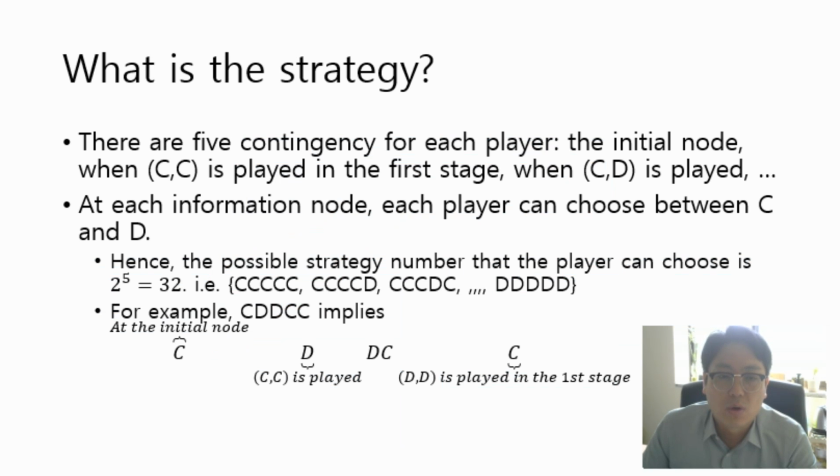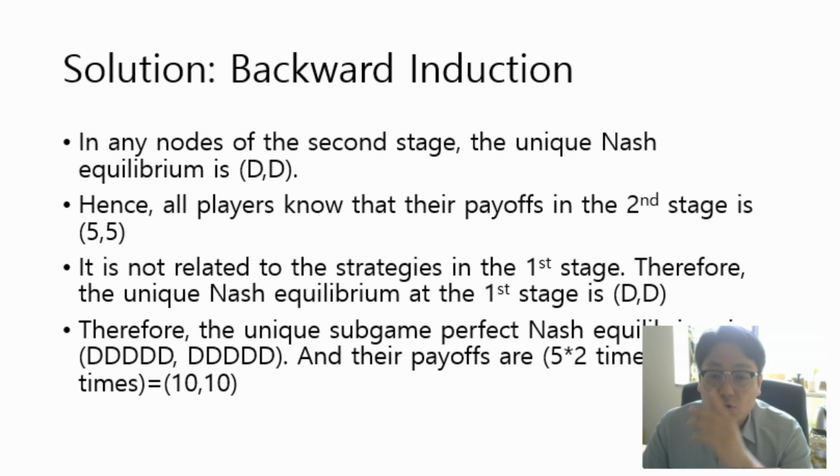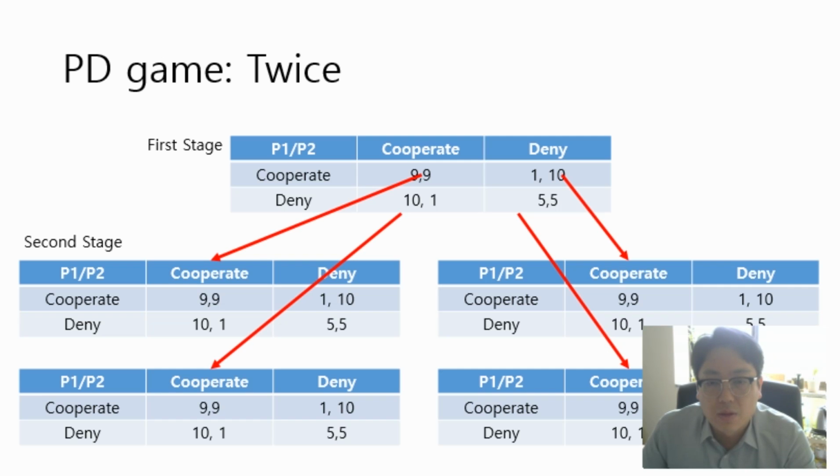Now think about that. Let's solve this game. Usually we solve this game using so-called backward induction. So we try to think what is the best solution at the end of the game tree. In any node of the second stage, there are 4 different second stages.